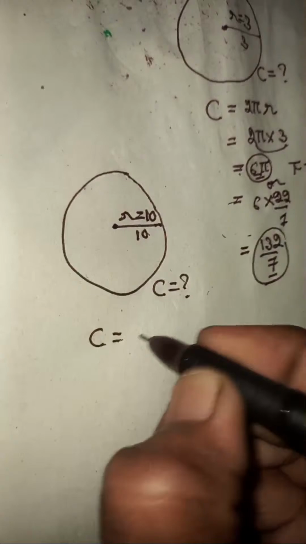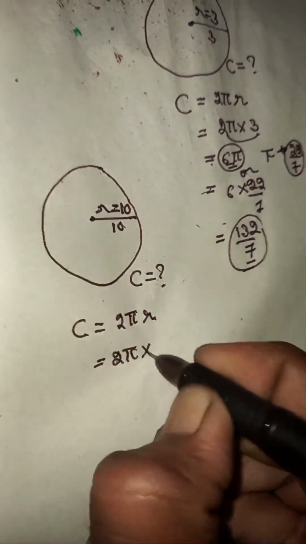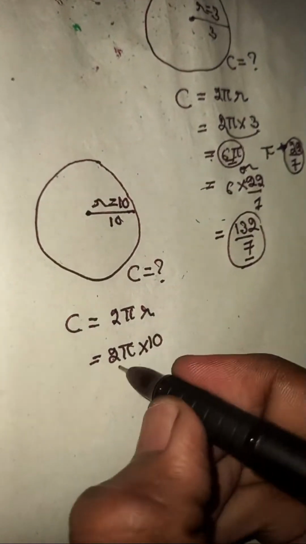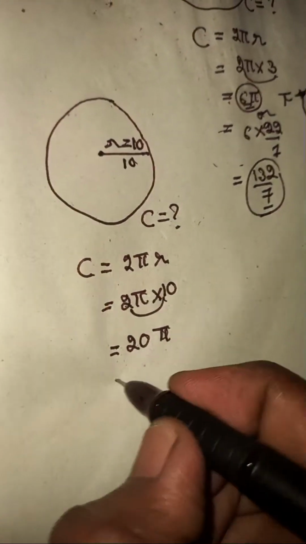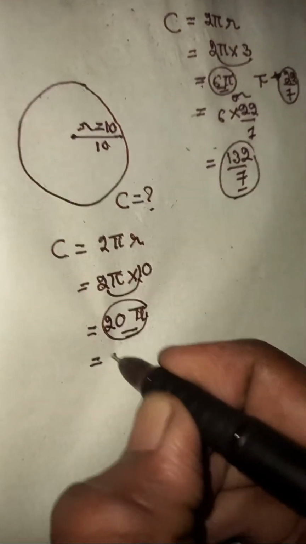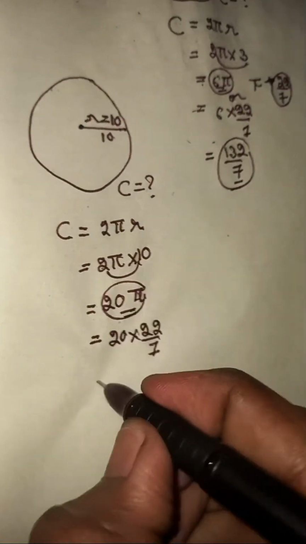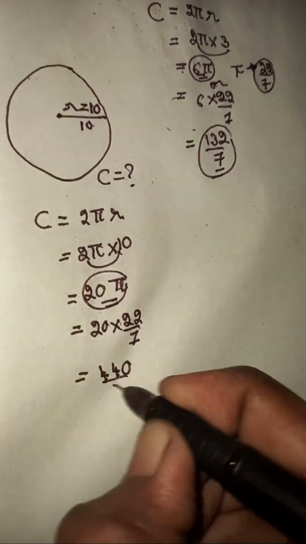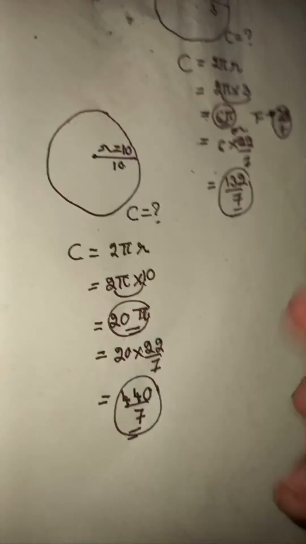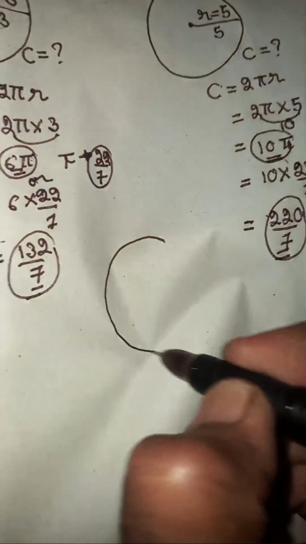Here also circumference equals 2 pi r units, that is 2 pi times radius, which is 10 units. 2 times 10 is 20, so it is 20 pi units. 20 pi units can be written as 20 pi itself, or 20 times 22 by 7. Here 2 times 22 is 44, with 0 it becomes 440 by 7, that is the circumference of the circle.